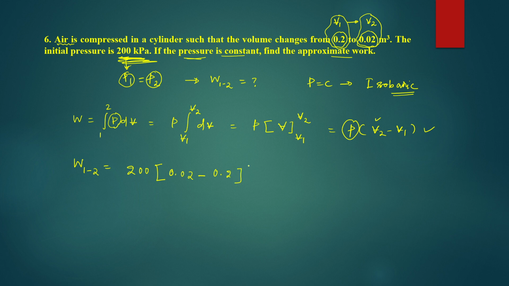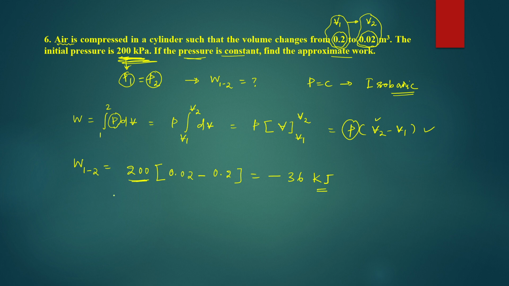So let me calculate 200 times 0.02 minus, sorry, 0.2. So here we will be getting minus 36, and obviously it will be in terms of kilojoule because we have put this particular pressure value in terms of kilopascal. So we'll be getting this value in kilojoule.